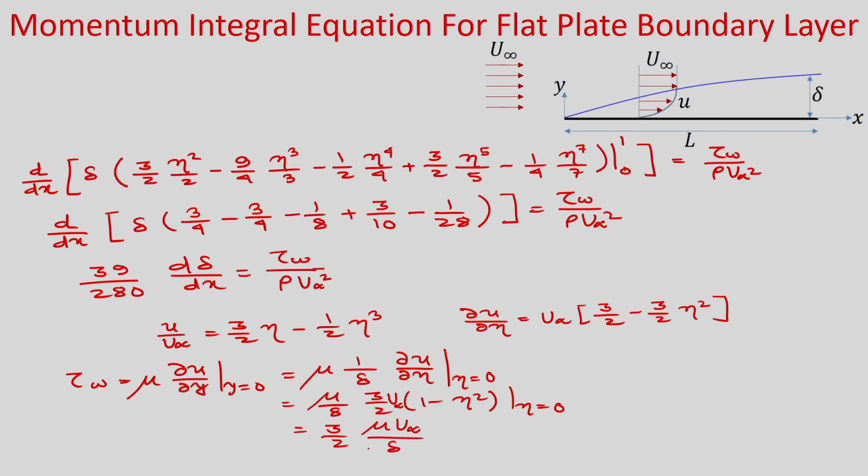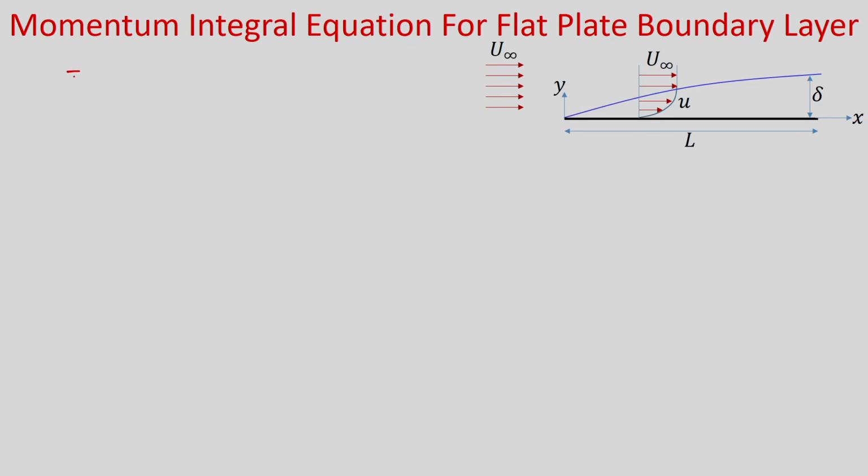So this you put in this expression. We will get 39/280 dδ/dx is equal to τw by ρU∞², where τw is 3/2 μU∞ by delta.